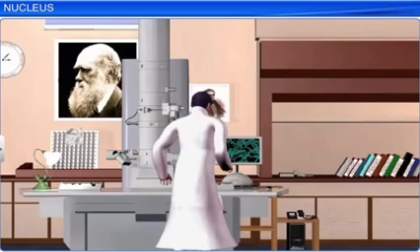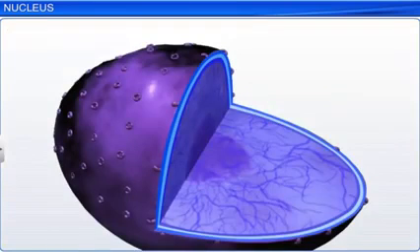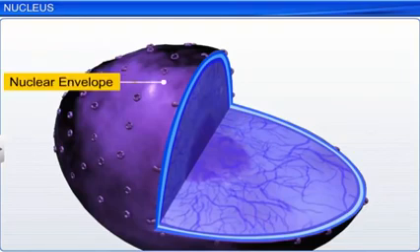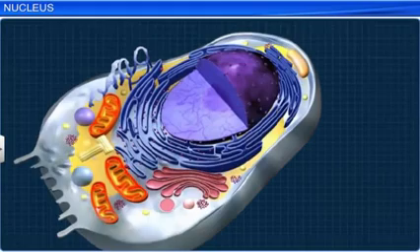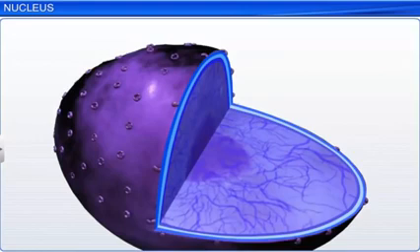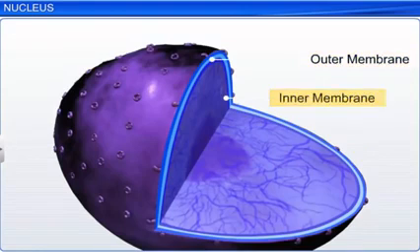For instance, scientists observed that the nucleus is surrounded by a nuclear envelope or nuclear membrane that acts as a barrier between the contents of the nucleus and the other organelles present in the cytoplasm. The nuclear envelope consists of the outer membrane and inner membrane, which run parallel to each other and are separated by the perinuclear space.